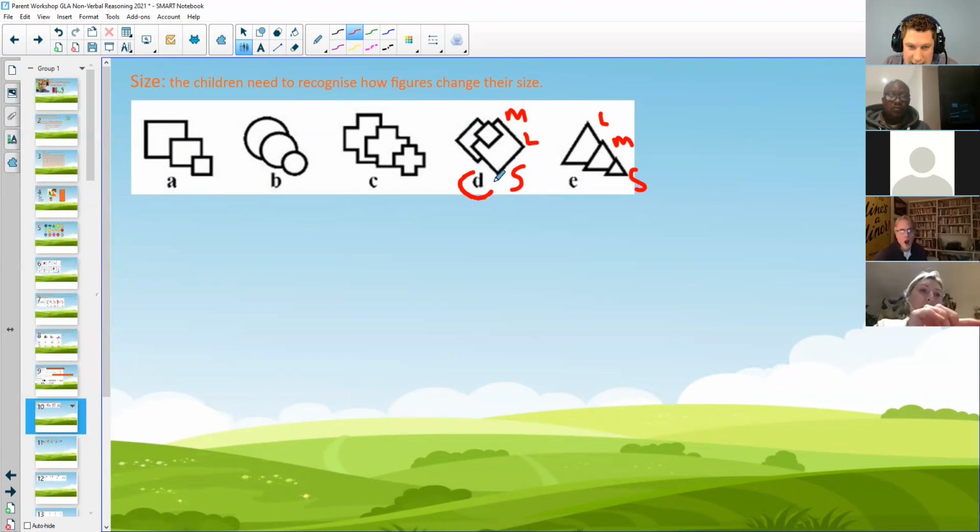So if you were looking at it as the odd one out, then the size here is not going from large to medium to small on the overlap. But again, trying to find those links between the mnemonic and the question types that come up is sometimes quite difficult. But you can see there how size can be important.